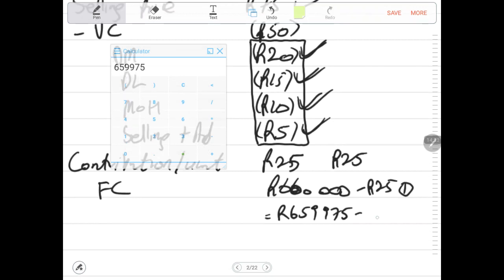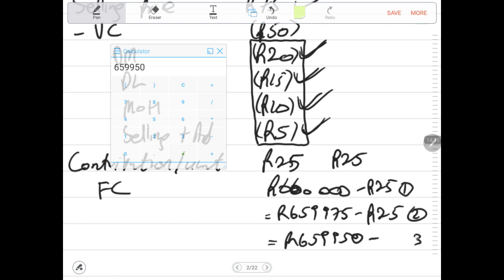We take that contribution, meant to cover our fixed cost, and say fixed cost minus another 25 rand. Our fixed cost decreases again by another 25 rand for the second unit that we sell, meaning 659,950.